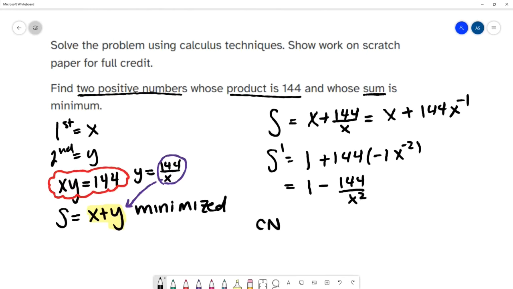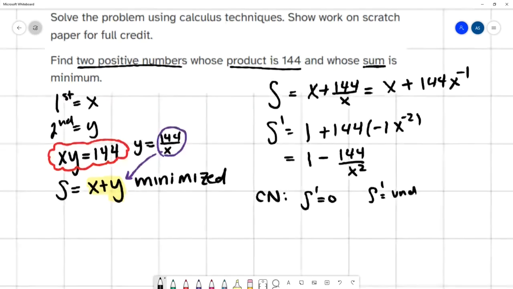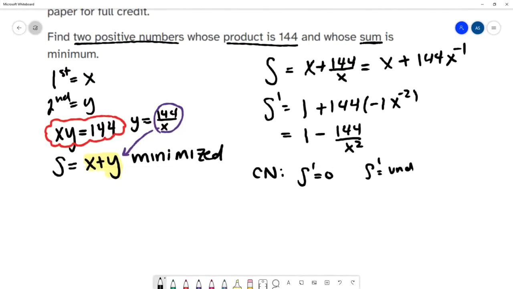So now I'm looking for the critical numbers, and the critical numbers are where our derivative is equal to 0 or our derivative is undefined. So if we set our derivative equal to 0, we'll have the equation 0 equals 1 minus 144 over x squared.